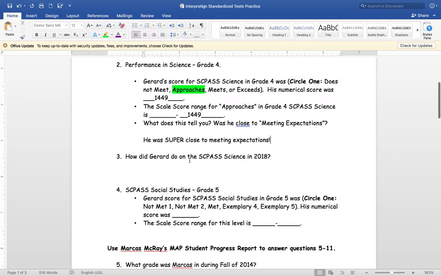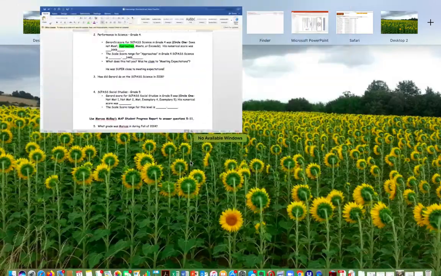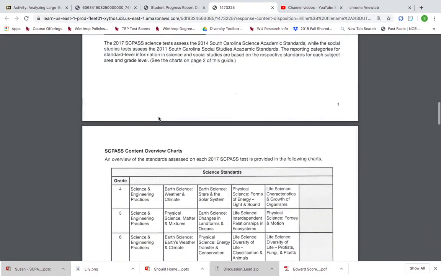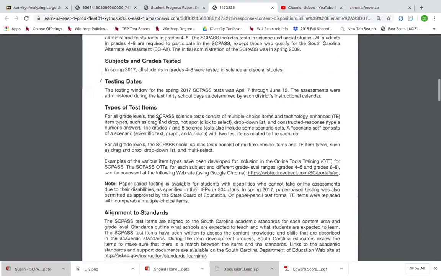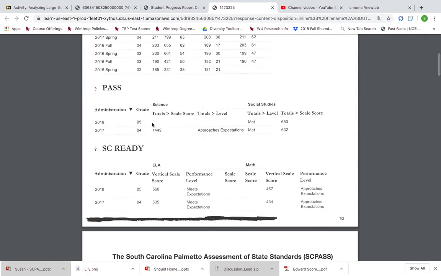Okay, so how did he do on the South Carolina PASS Science in 2018? All right, so we're going to go back. South Carolina PASS Science. Where are we at? 2018 Science. What is this? It's blank. What does that mean?